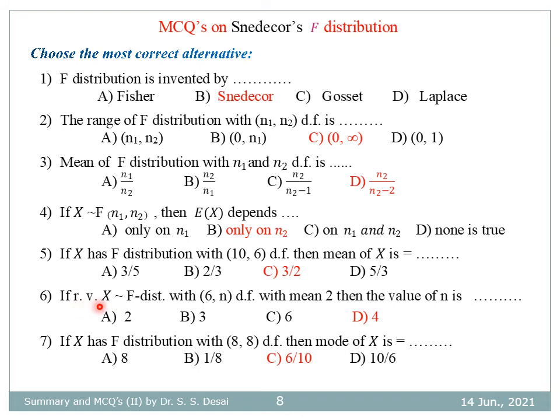If random variable x follows F distribution with 6, n degrees of freedom with mean equal to 2, then the value of n, by reversing this equation for n2, is 4. If x has F distribution with 8, 8 degrees of freedom, then the mode of x is 6 divided by 10.